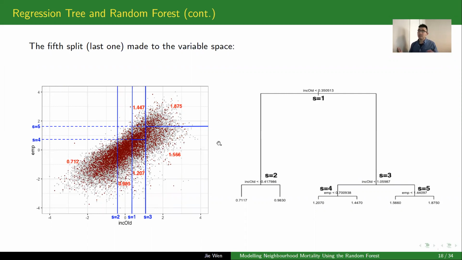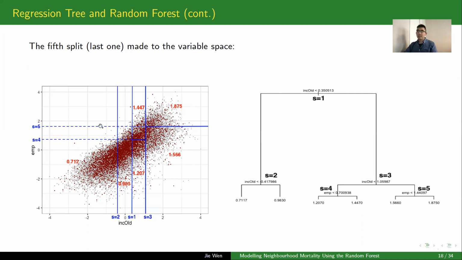And now all of the splits have been made, and this tree function has been established, and we can see that all of the RSOs falling in the same node have exactly the same estimate of relative risk, which is 0.7, 0.9, and 1.5, and 1.8, etc.